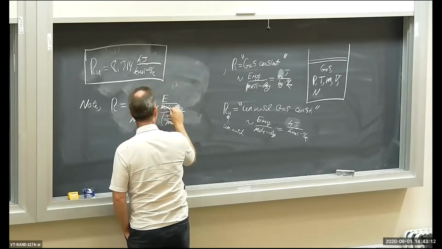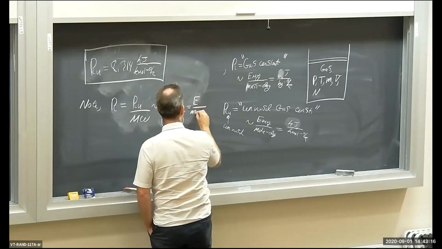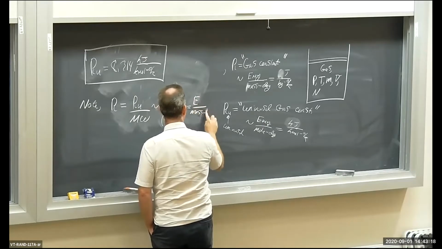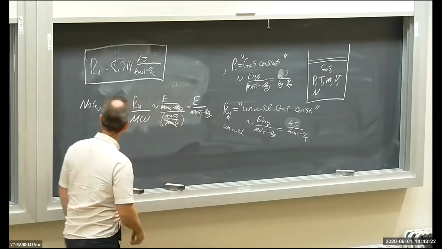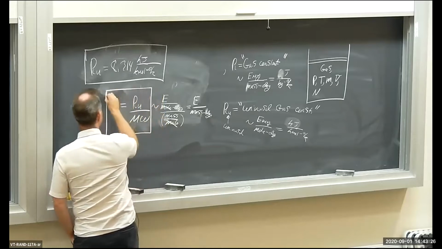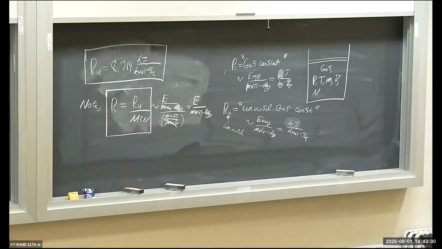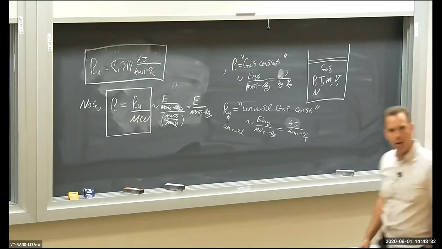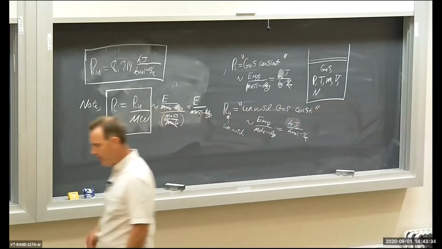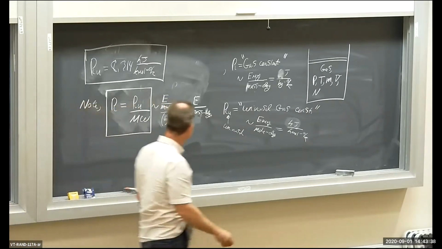The moles cancel out, and I get energy per unit mass per degree. Okay? So, to get the gas constant, take the universal gas constant, 8.314, and divide it by the molecular weight of the material. And we'll do an example involving this as soon as we get through the material today, okay?